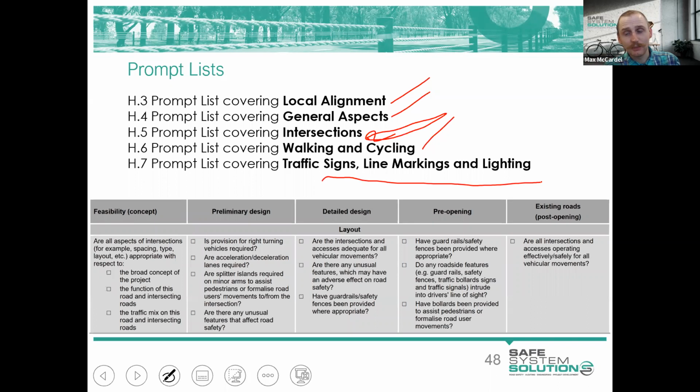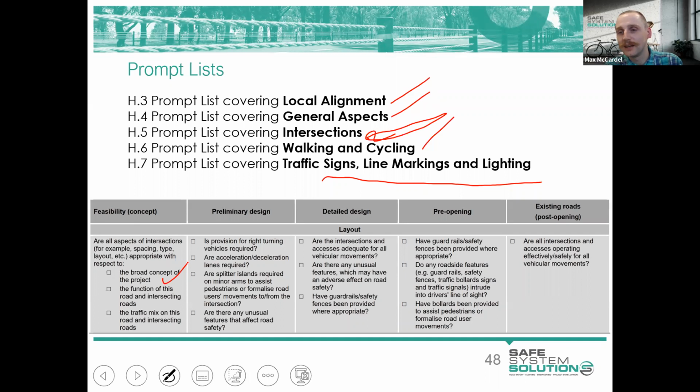So it sounds like you may be covering off a lot of this information, but it's meant to be there as a thought provoker. So you're not necessarily going to be writing out, okay, so are all aspects of intersections, spacing, type, layout appropriate with respect to the broad concept of the project?